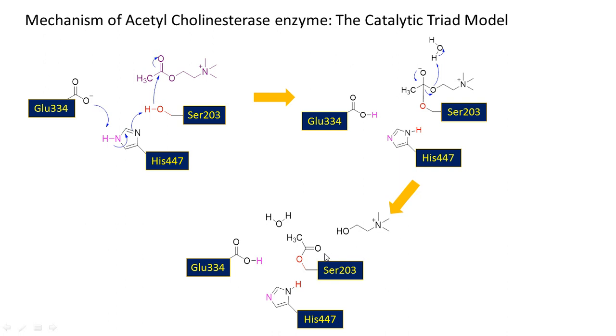Now, choline is separated, and serine of the receptor pocket got acylated. What is needed now is that we have to remove this acetyl group from serine.